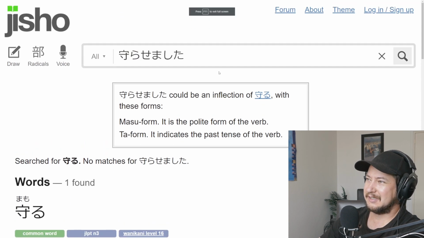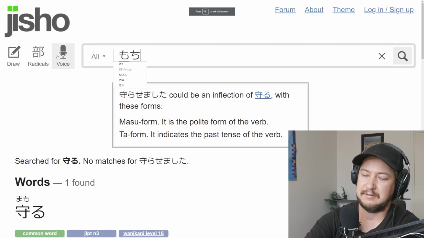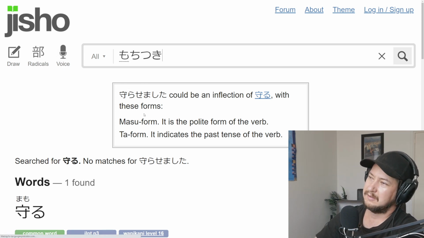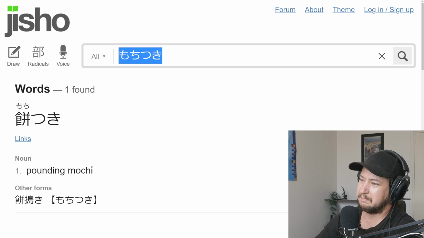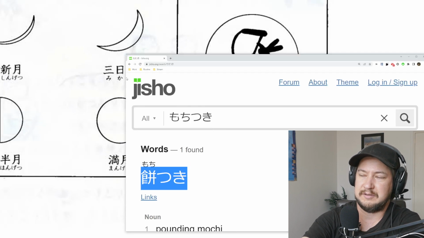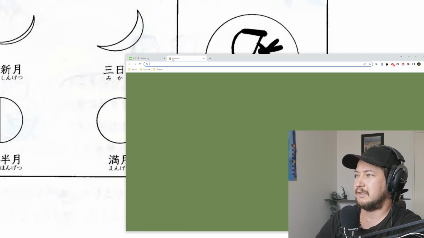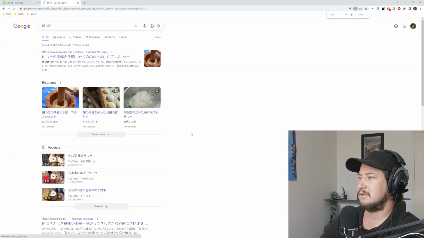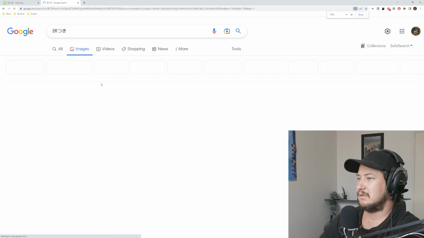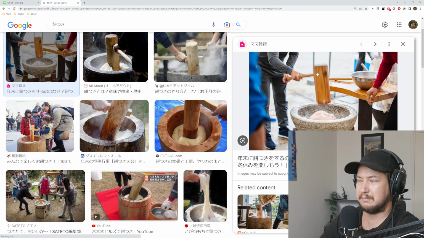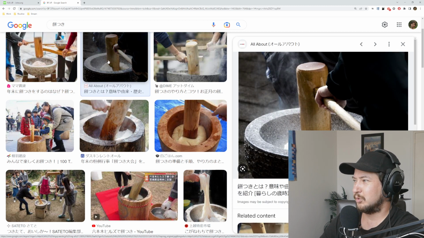Actually, let me see. Mochitsuki. I don't know much about it, but pounding mochi is what it is. Basically, you have the mallet and you pound the mochi.